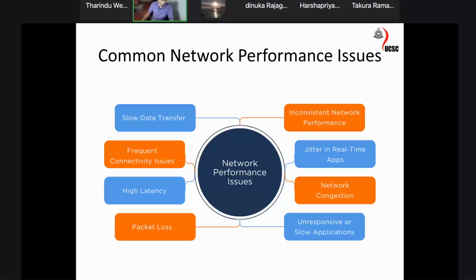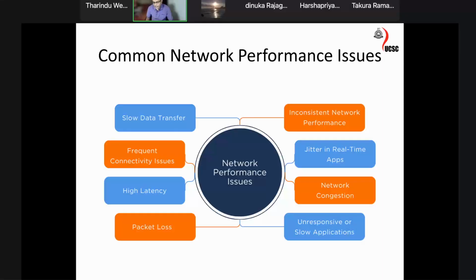Then if you haven't upgraded or redesigned your network, there can be network congestion due to its heavy use. Then packet losses can be there similarly, because if it is overloaded or has malfunctioning network devices, that may be a reason behind the packet losses. There can be drops of the packets.